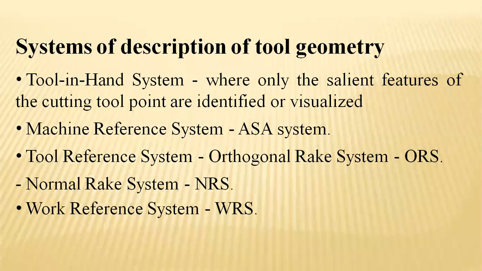The lathe machine is the best example of this. The tool is fixed on the tool post and the rake angles are maintained depending upon the type of operation, whether it is a step cutting operation, knurling operation, or facing operation. So depending upon the type of operation, we will prefer this tool in hand system. But accuracy will be limited in the case of this tool in hand system.